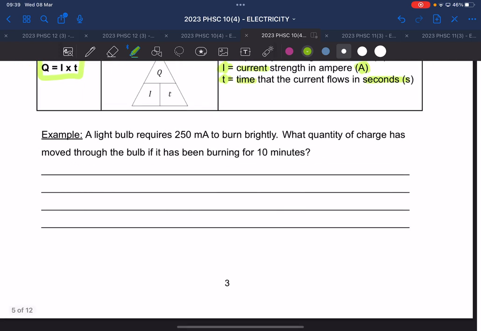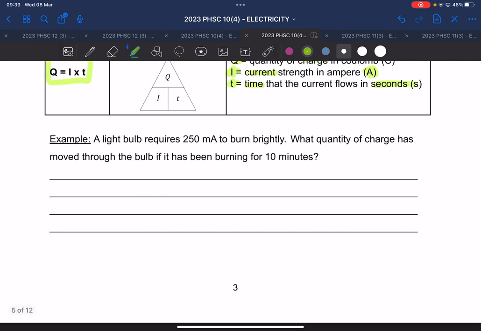It says a light bulb requires 250 milliamperes to burn brightly. So it gives you 250 milliamperes. What symbol goes with milliamperes? There is amperes. What goes there? I. Then, do we work in milliamperes?